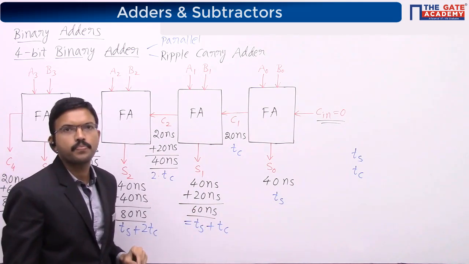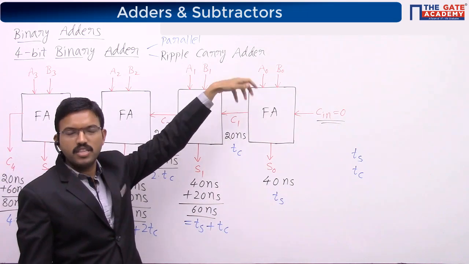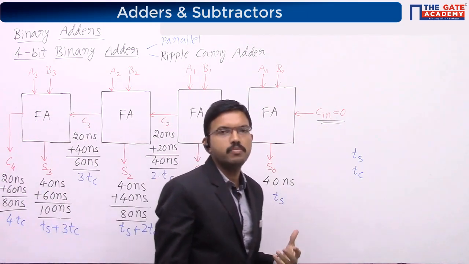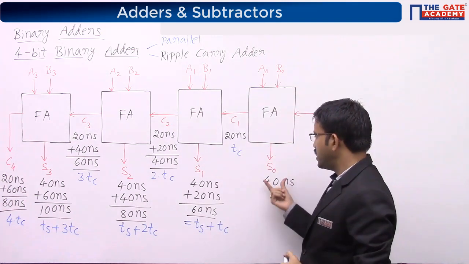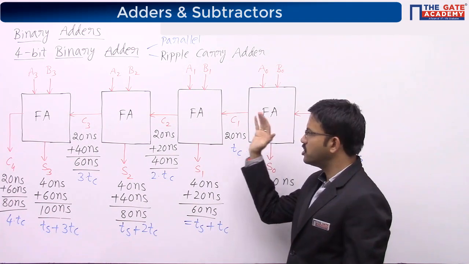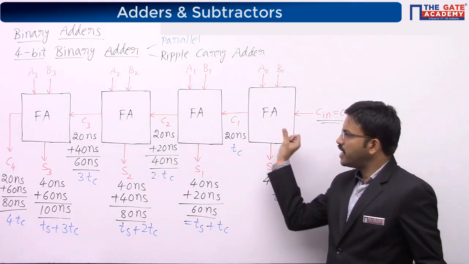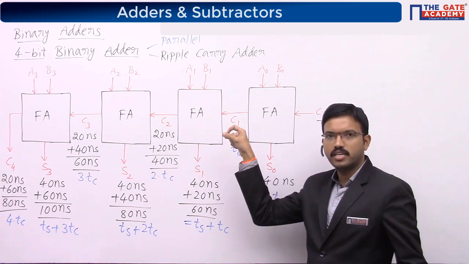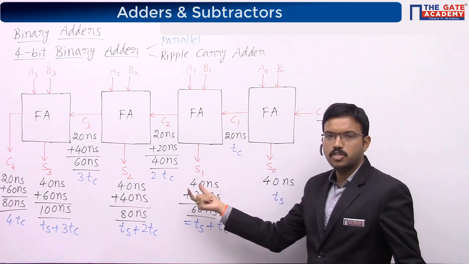That is the meaning. Otherwise, the moment you give the inputs, you get some particular output that may or may not be valid based upon the delay and based upon the carry, whether carry is generating from one stage to another stage. If carry is generating from one stage to another, then that particular full adder has to consider that carry. So after getting that carry, it will produce the sum.